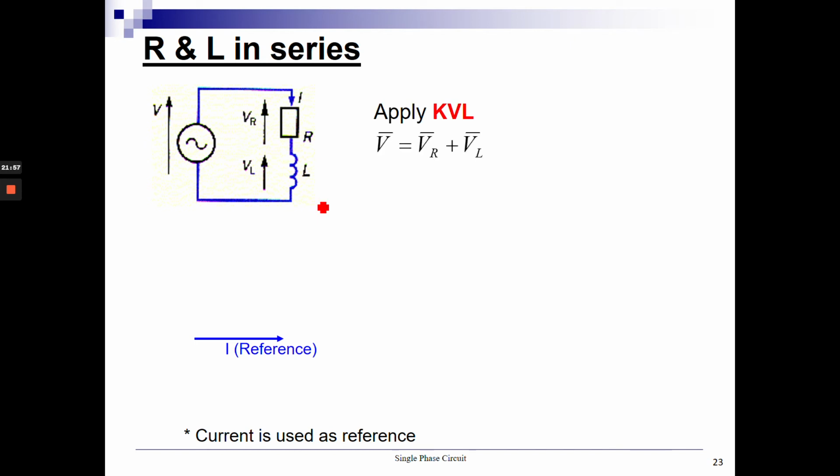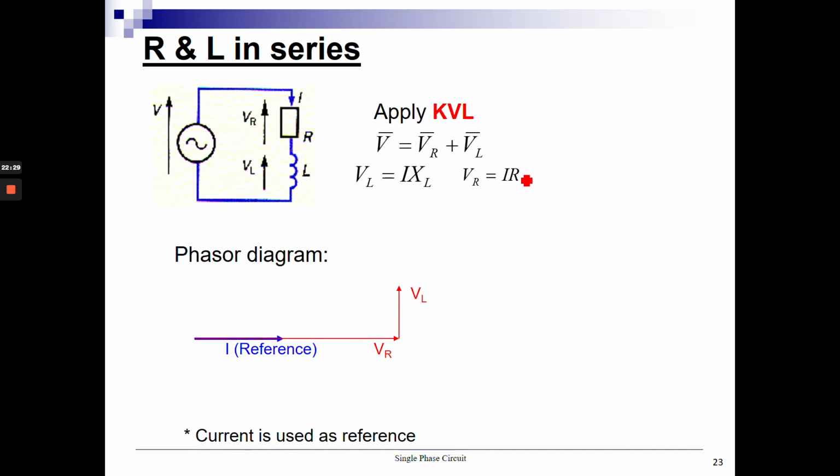So apply KVL. So V supply equal to VR plus VL, or negative V supply plus VR plus VL equal to 0. So you know that VL equal to I XL and VR equal to I R.